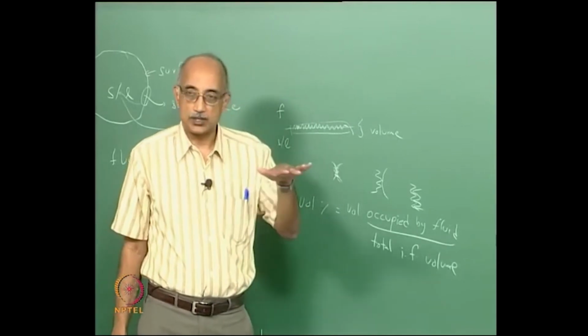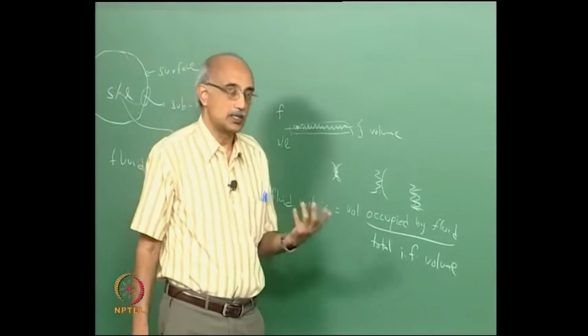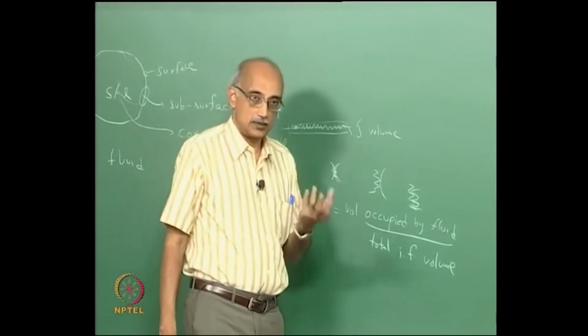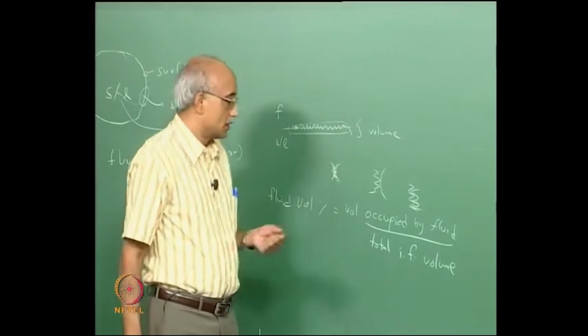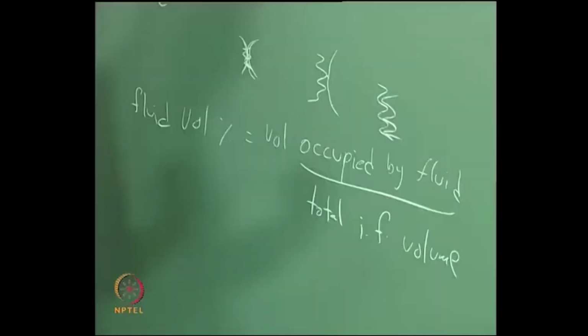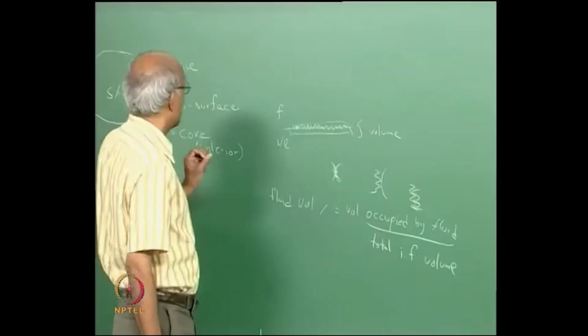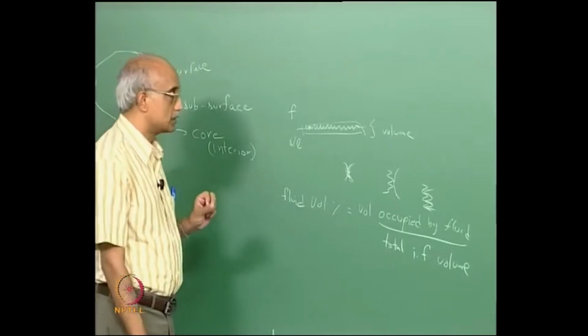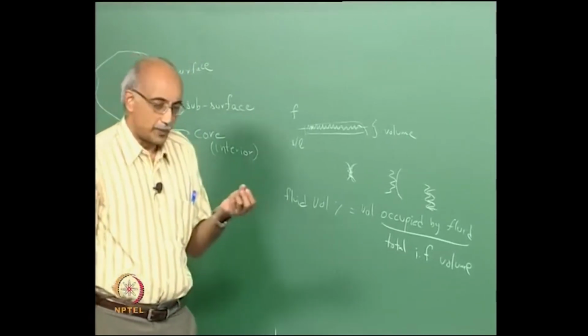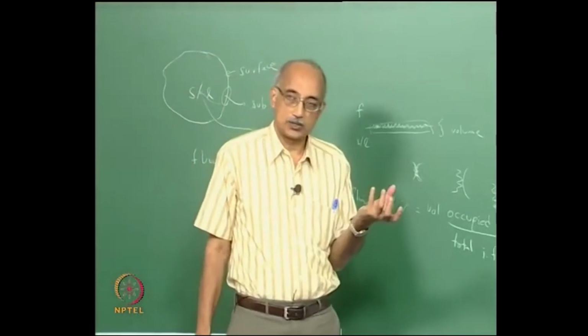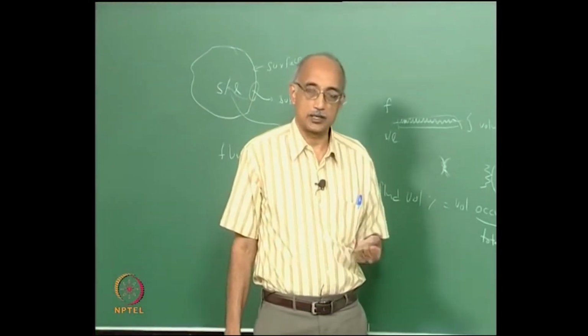In that case, the properties of the particle surface are going to be essentially the same as the particle material itself. So, the interfacial characteristics are very important in determining what properties the particle surface is going to have relative to the fluid that it is in contact with.